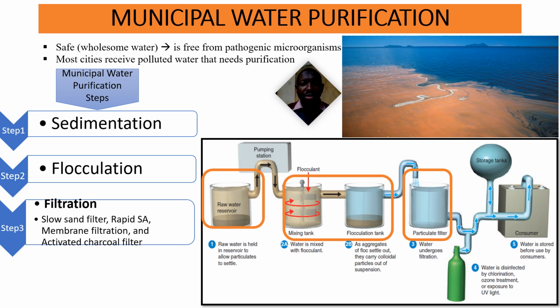In addition, we have two other filtration methods, which are the membrane filtration. In membrane filtration, a membrane filter is used, which has a very small pore size of about 0.2 micrometer.